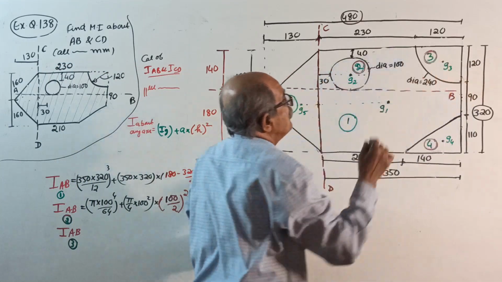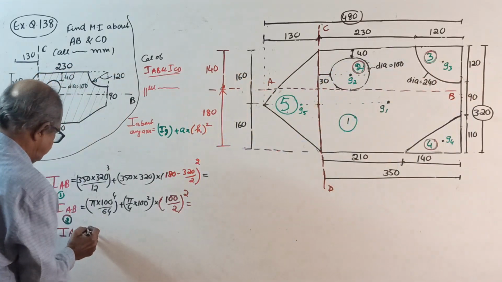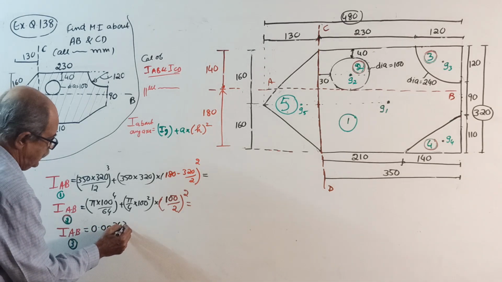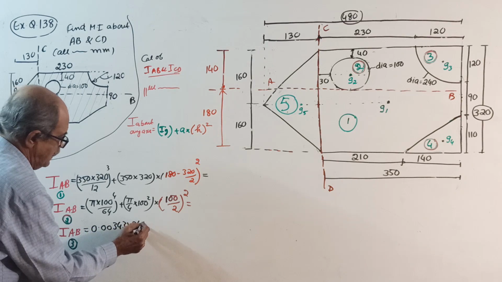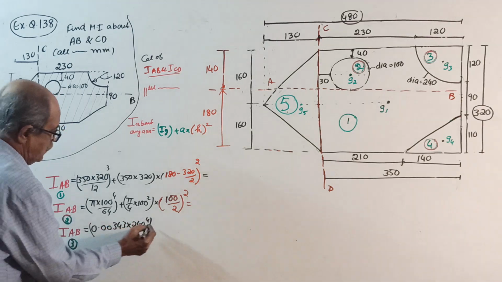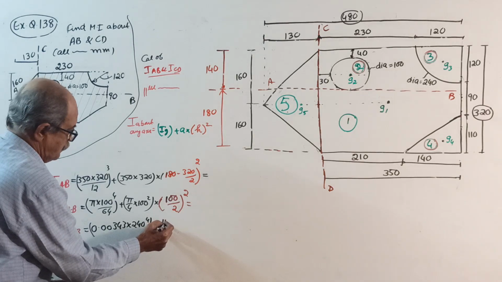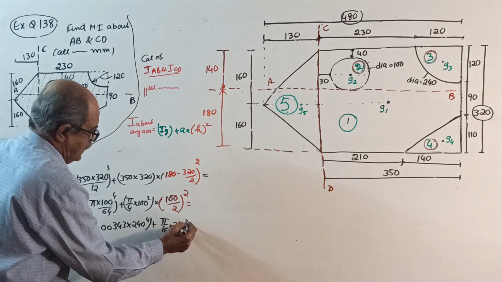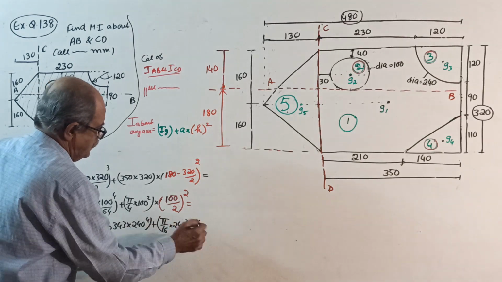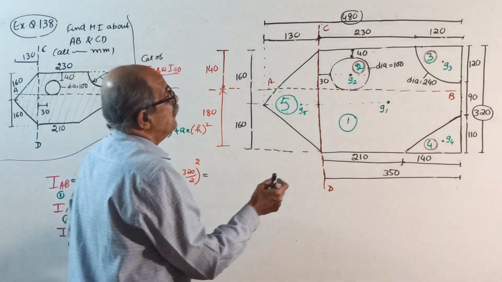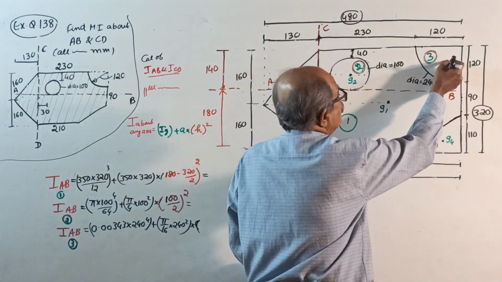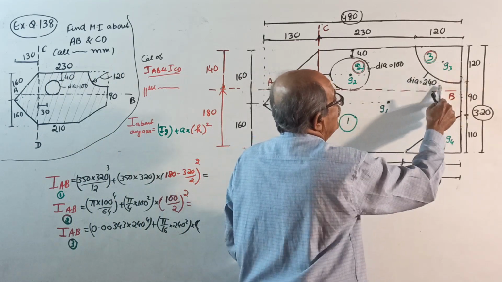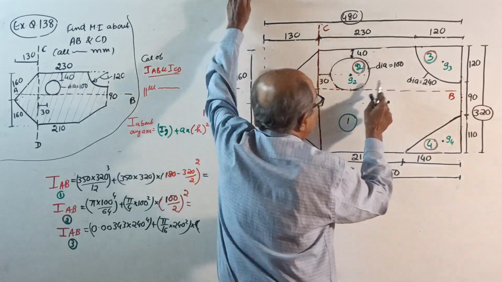Okay, start. I about its own axis. It is a quadrant of a circle. It is 0.00343 into diameter power 4, that is IG, plus area pi by 16 of diameter square, into the distance from the centroid of the quadrant to AB, squared.